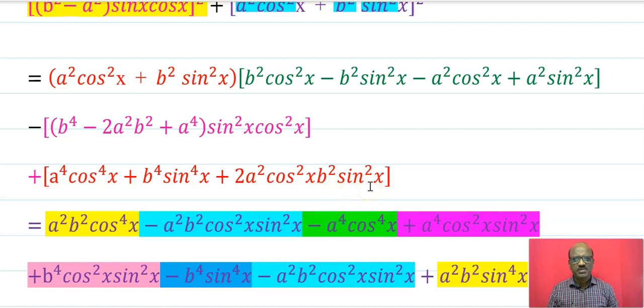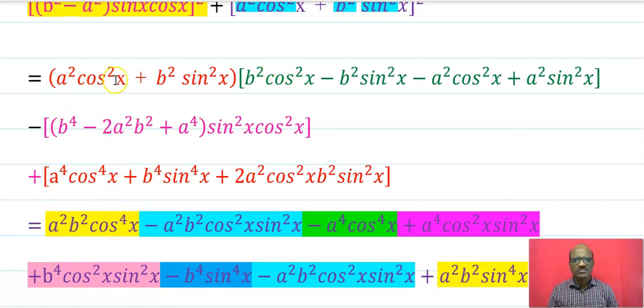Now again we will simplify here. The multiplication of a square cos square x plus b square sin square x into b square cos square x minus b square sin square x minus a square cos square x plus a square sin square x. And this whole multiplication is written as here, that is a square b square cos of x raised to 4. What about the second term?